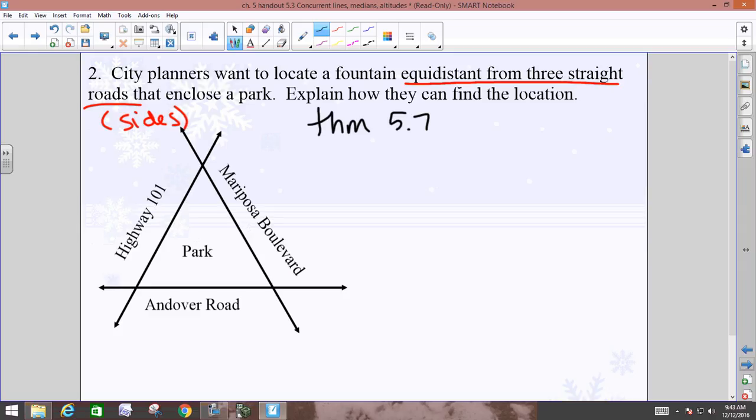What kind of bisectors? The bisectors of the angles. Good. So the city planners need to find the point of concurrency of all the angle bisectors. Where the three angle bisectors intersect, that's where they want to put their fountain.